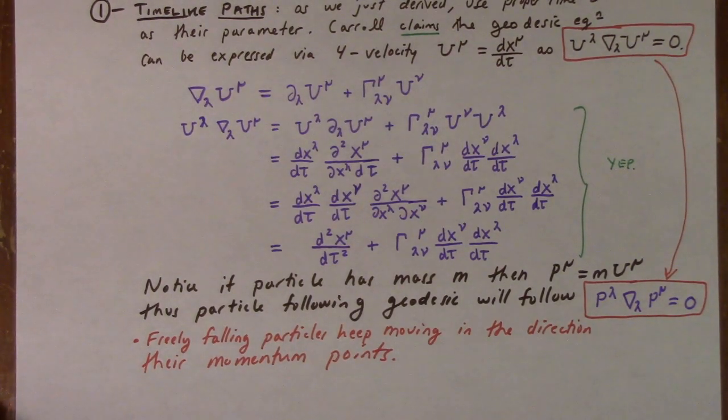And that starts to sound like something physically meaningful, right? If you've studied classical mechanics, you know the importance of momentum, right? So freely falling particles keep moving in the direction their momentum points, is what this equation means. That seems eminently reasonable.